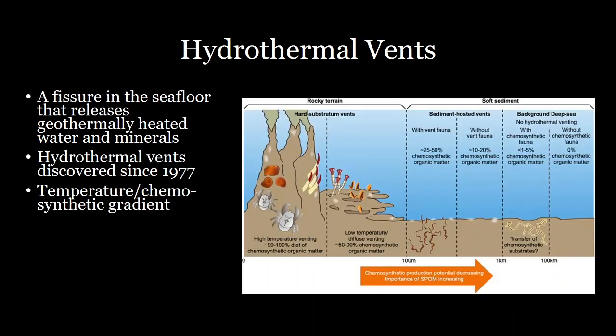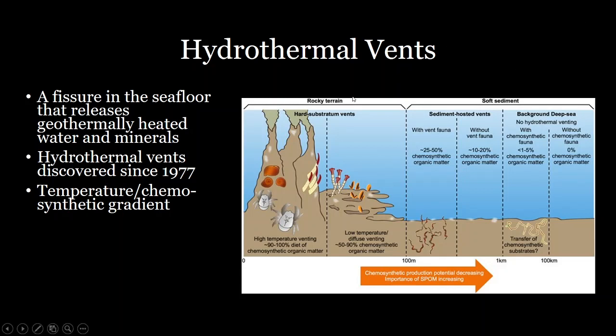And so as you move away from a hydrothermal vent, the temperature and chemistry of the water changes significantly. And as a result, you can have large changes in the biology of the animals around it.